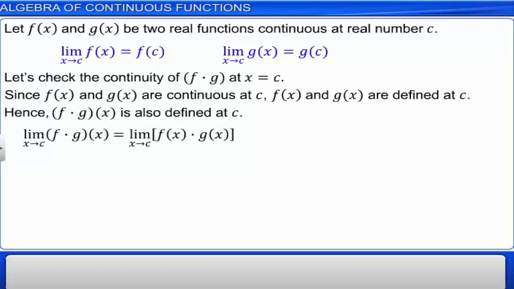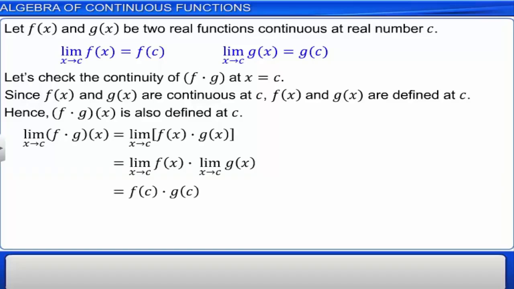By a theorem on limits, we know that the limit of the product of functions is equal to the product of their limits. So we have the limit of f of x as x approaches c into the limit of g of x as x approaches c. We are given that functions f and g are continuous at x equal to c.